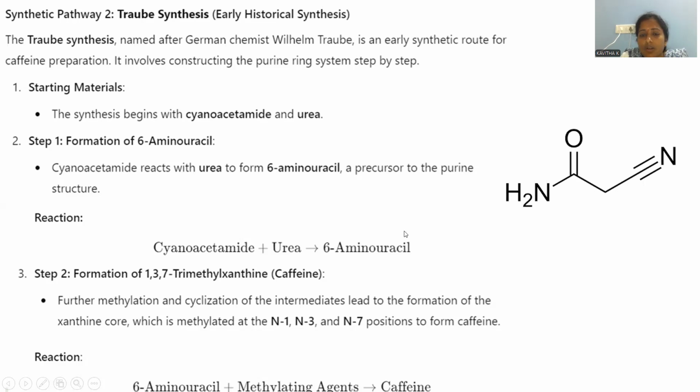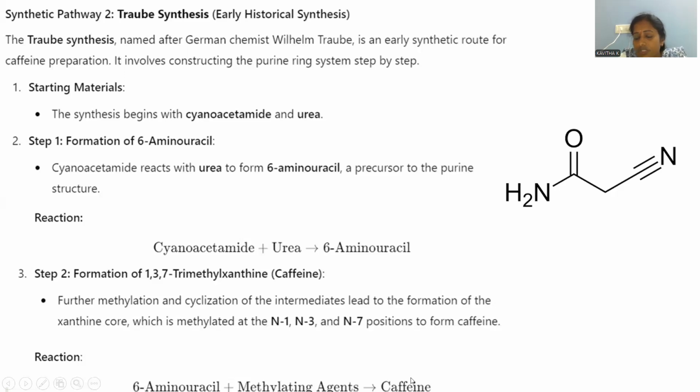Uracil is a DNA, RNA base, right? 6-amino uracil will be synthesized. Cyanoacetamide treated with urea, 6-amino uracil will be manufactured. After getting 6-amino uracil, if you treat it with any methylating agent, we can simply convert this uracil into caffeine.